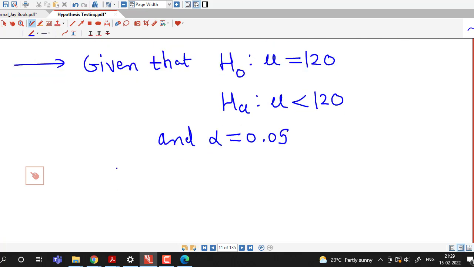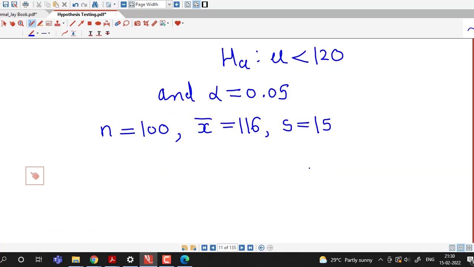Also we write down the given things. The other things given are sample size n equal to 100, mean of sample is 116 and sample standard deviation is given as 15.